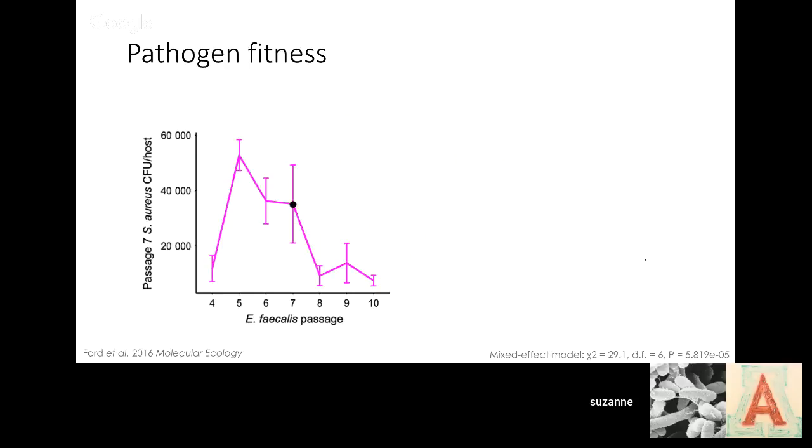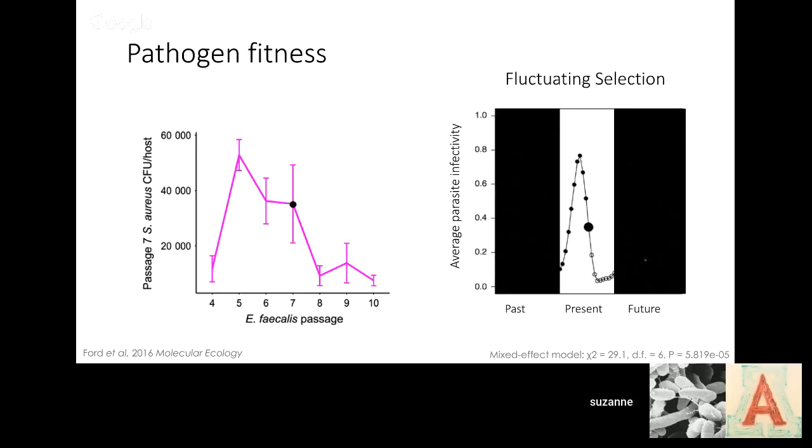That's possible. But what is most obvious here is that this kind of dynamic is really evident of fluctuating selection dynamics rather than arms race dynamics. So this is really cool, and I kind of freaked out when I saw this.